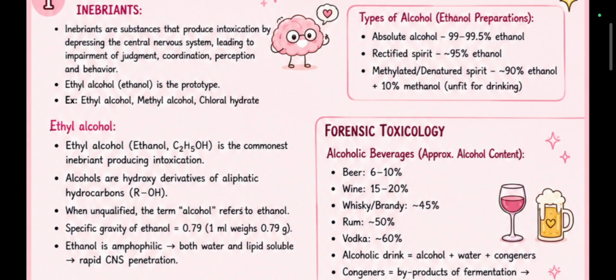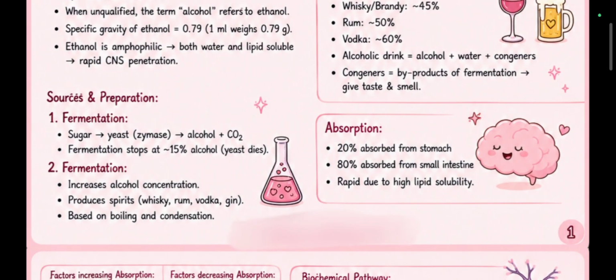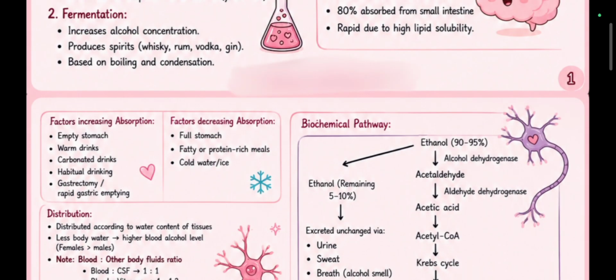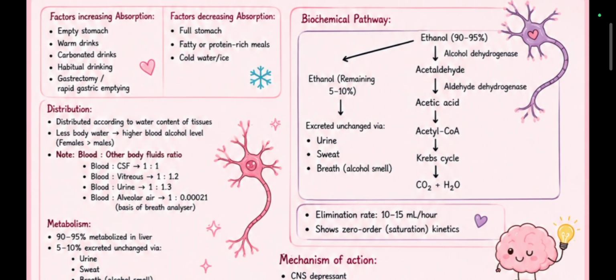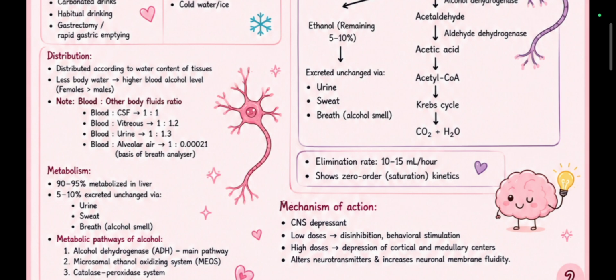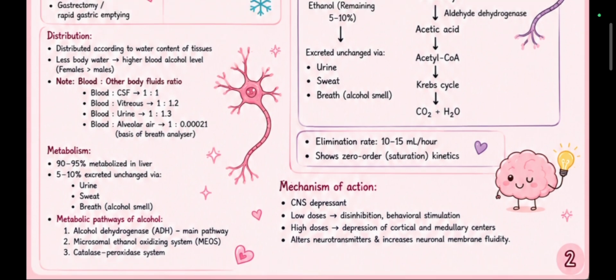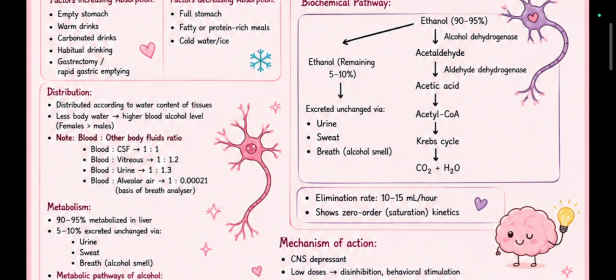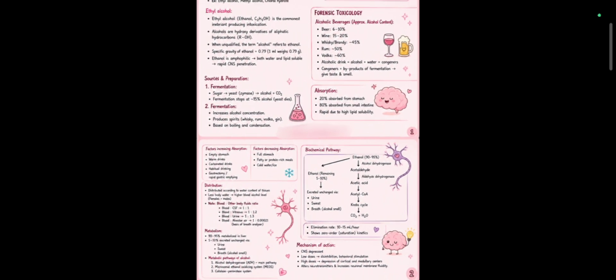Then we learned about the types: absolute alcohol, rectified spirit, methylated spirit. And absorption: 20% from the stomach, 80% from the small intestine. We learned about the factors, and the distribution, 1 to 1.3 in blood to urine. We learned about the metabolism, 3 pathways, their sites, and the meaning of zero order kinetics. So this was all about ethyl alcohol in this slide.